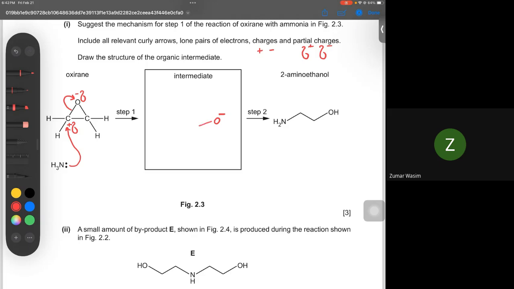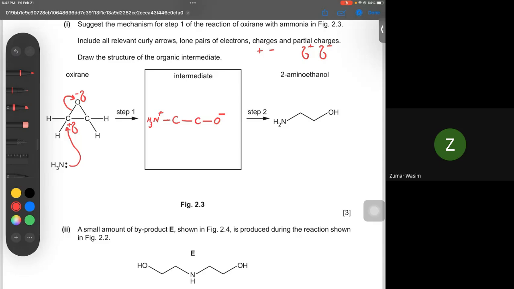This is the first carbon atom I have, this is another carbon atom I have, and this carbon is connected with NH3 plus. Since the nitrogen has made 4 bonds, that's the reason nitrogen has a positive charge and this oxygen has a negative charge.